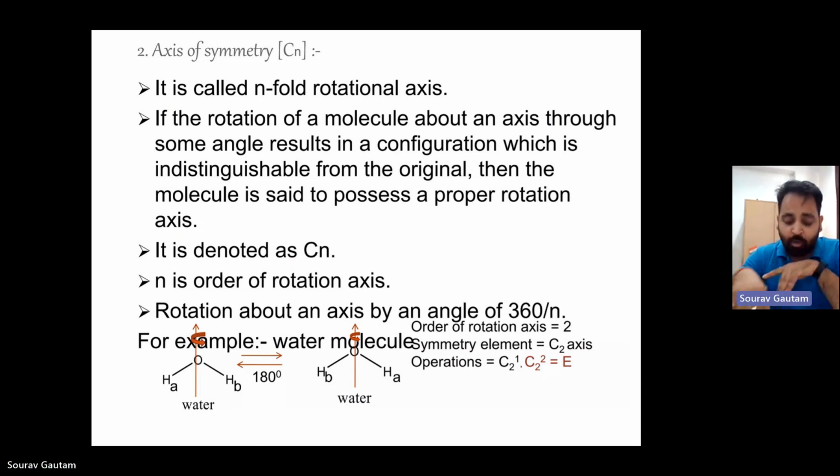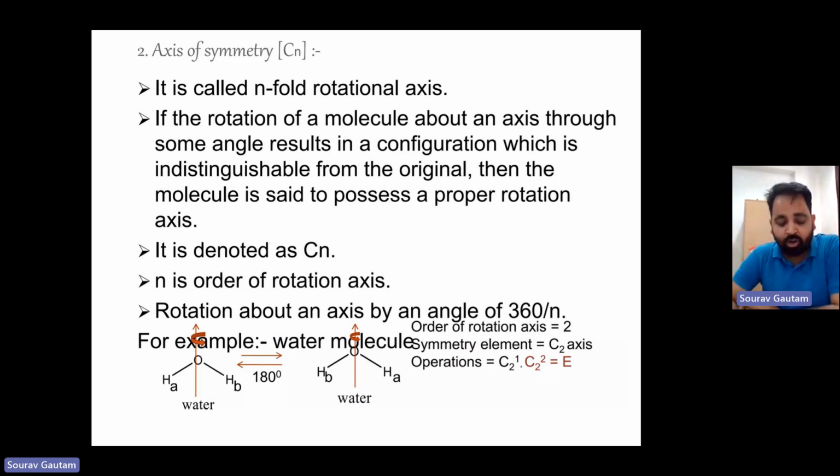So in the proper axis of rotation or proper axis of symmetry, it is an axis around which the rotation of the molecule takes place. We choose clockwise rotation as positive and anti-clockwise rotation as negative. So it is a rotation of the molecule by an angle theta, where theta is 360 by n, and n is the order of the axis, the number of rotations.